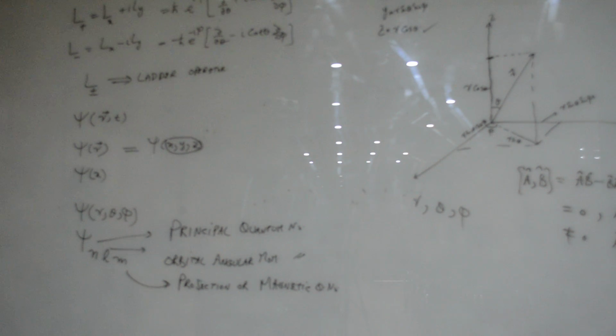Physics is my job to explain to you. Mathematics is the translation of physical concepts, and if you reconcile the two together, you understand the subject. Thank you very much. Bye.